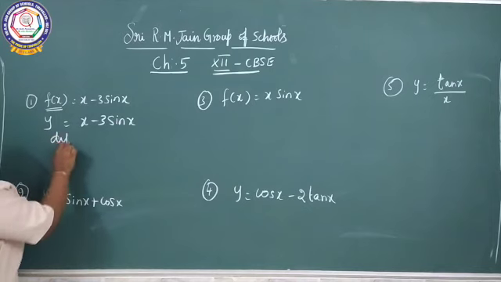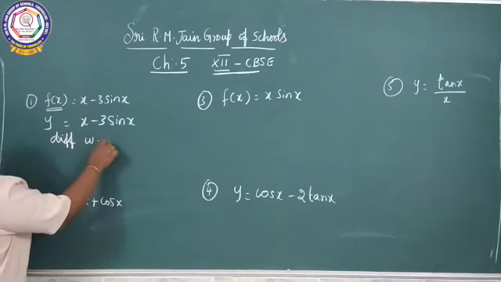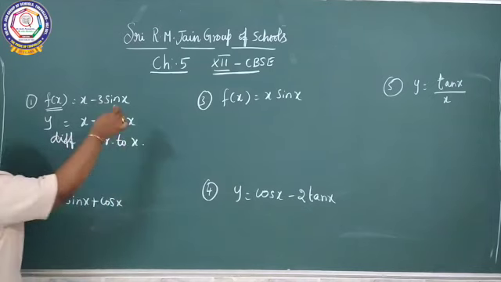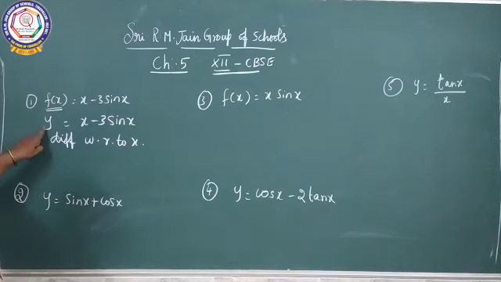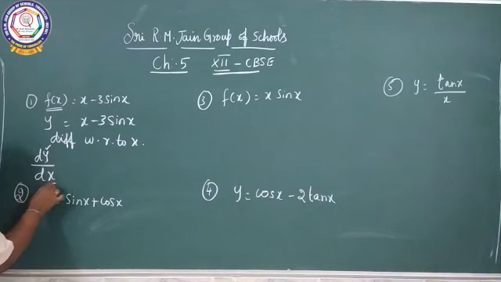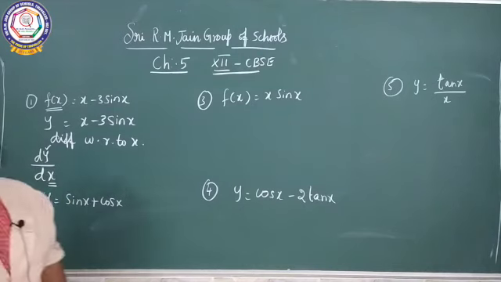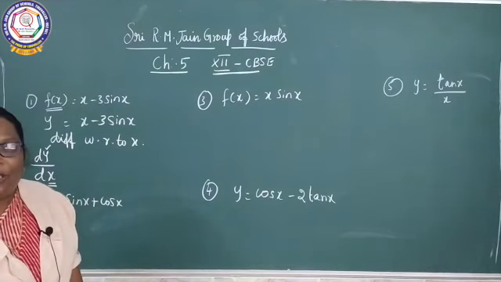Differentiate with respect to x, because y with respect to x. I told you y is a dependent variable and x is an independent variable. So dy by dx, y is differentiated with respect to x.